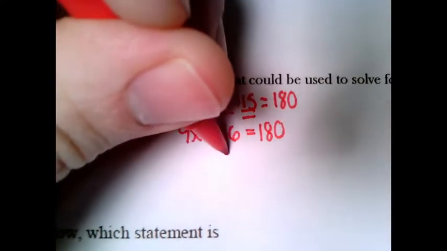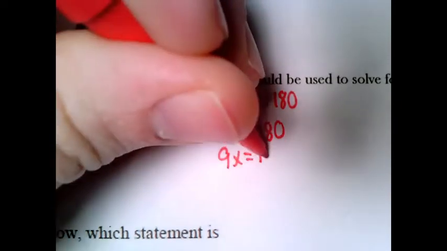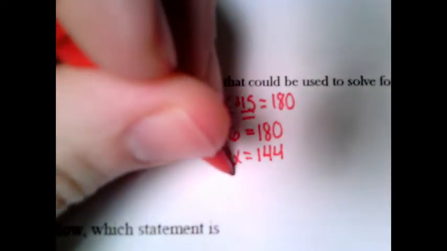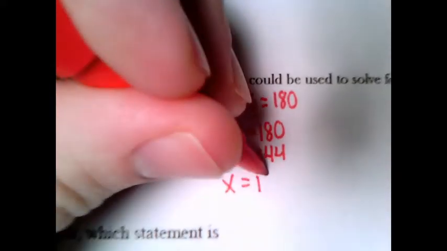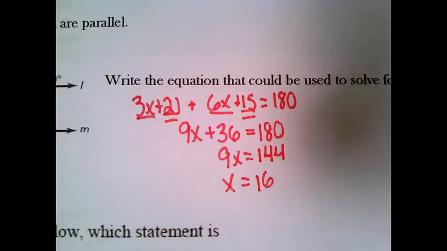Subtract 36 on both sides. I get 144. Divide by 9. And I get 16. On this one, it just says solve for x, so we're good. We don't have to plug it back in or anything like that. Okay, on to number 9.